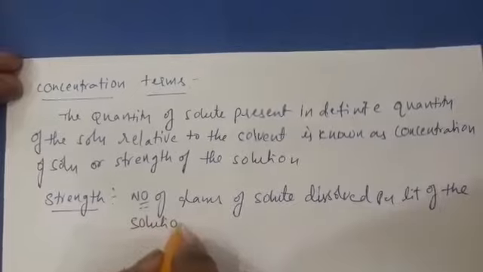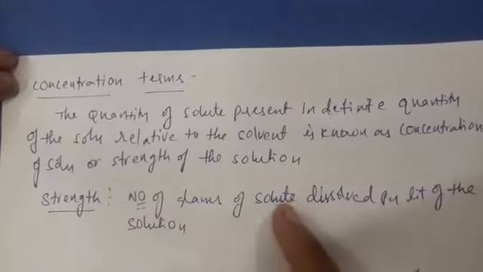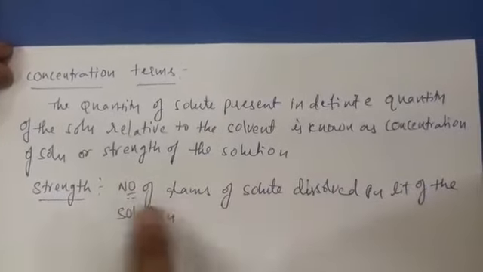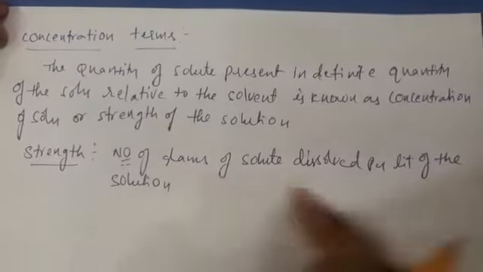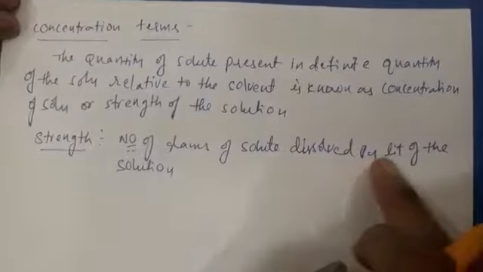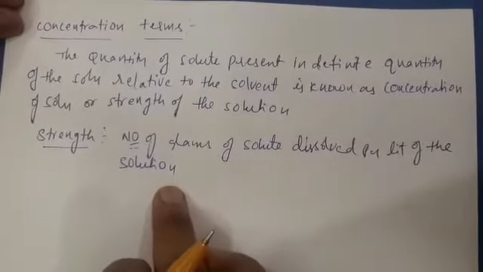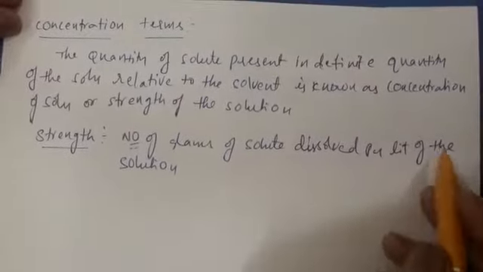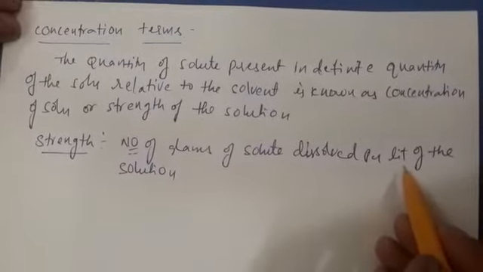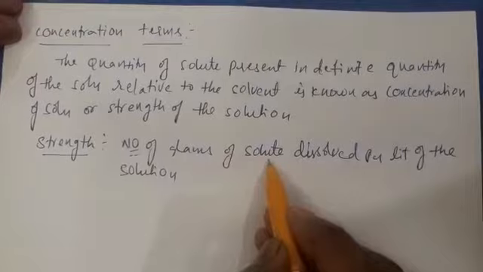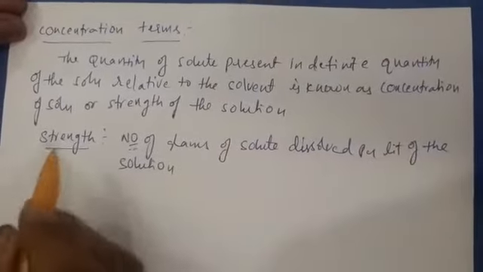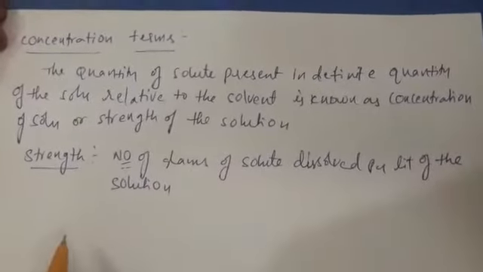Strength also depends upon the quantity of solute. The number of grams of solute present per liter of the solution, where the volume of the solution is in liters, indicates the strength of that solution.